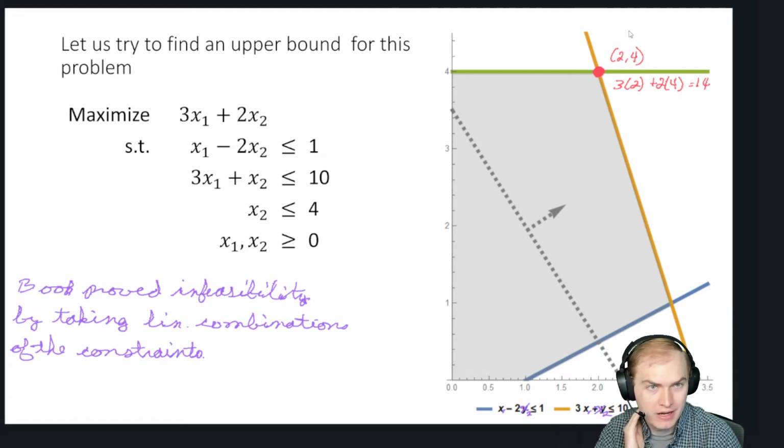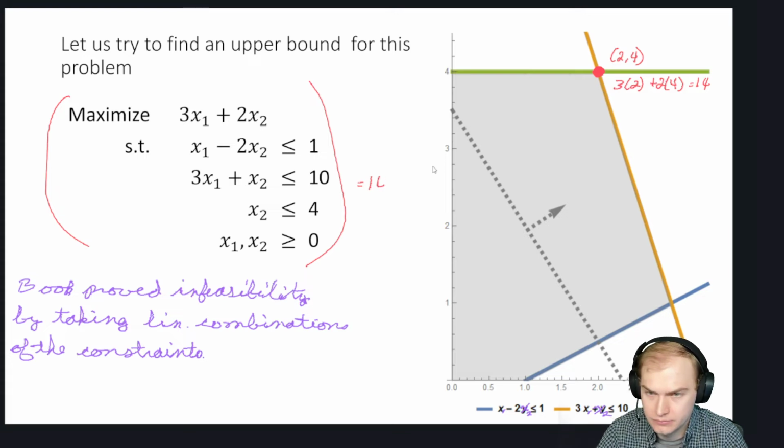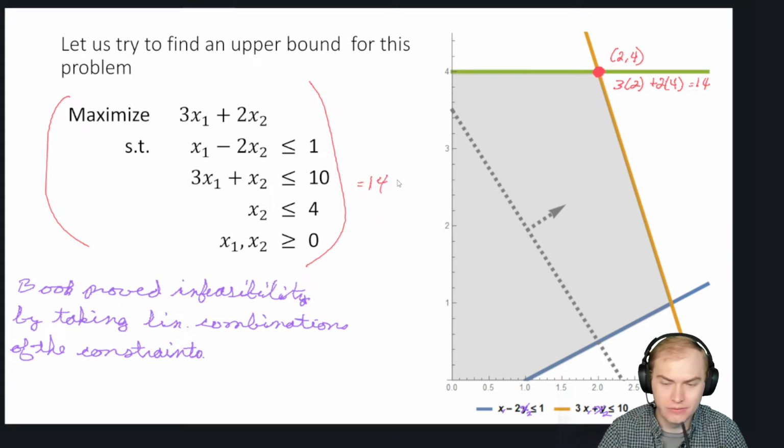So remember that the objective function is 14.